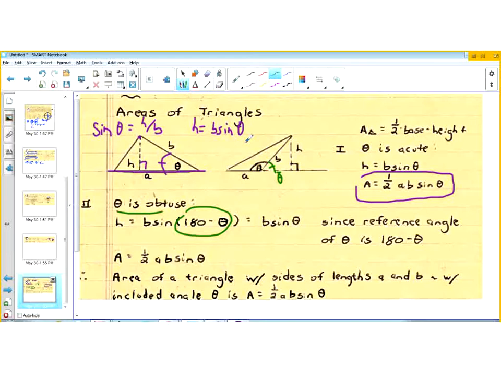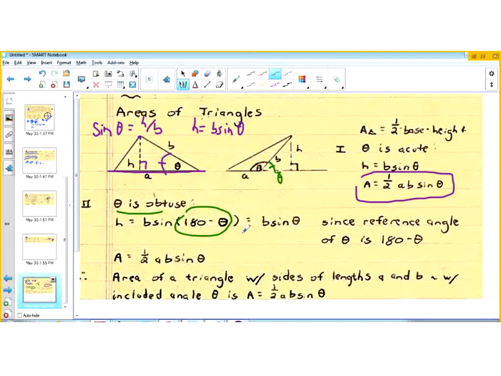We know that the sine of theta, it still doesn't, the angular measures still aren't the same though. Okay, so the sine of theta is equal to the sine of its reference angle.